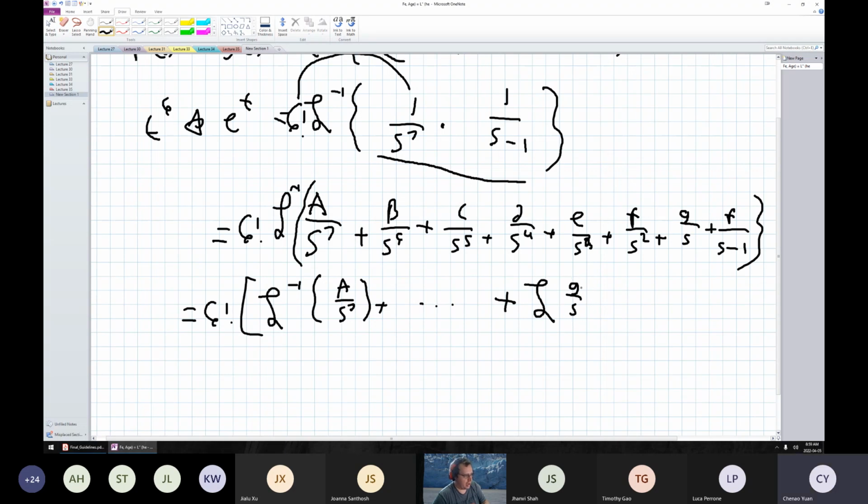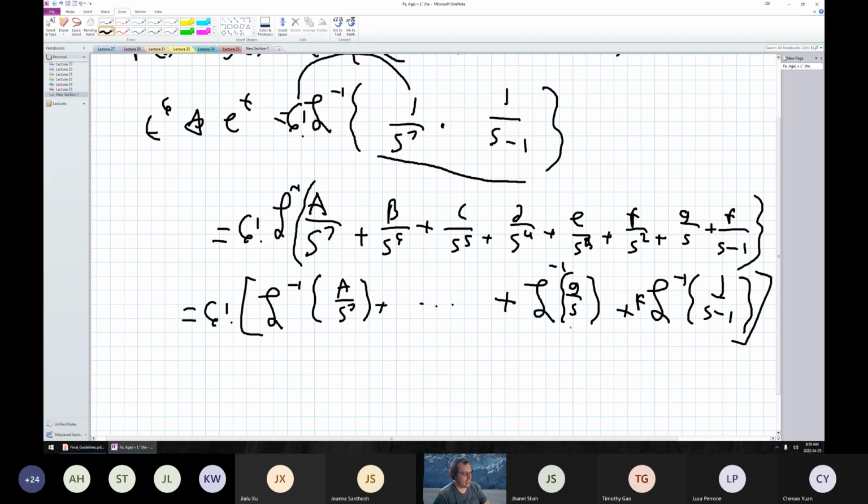Plus here I get the Laplace inverse, in this case I'll just pull out the F, of 1 over s minus 1. Okay, so this last term, and close brackets.